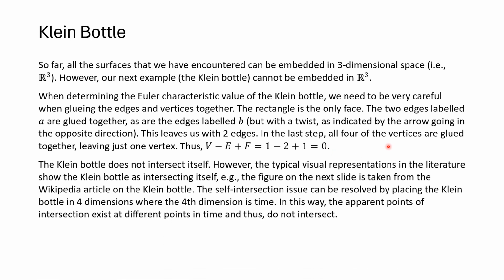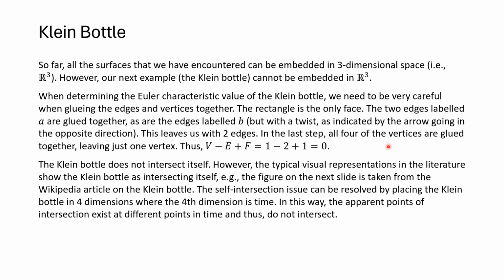The Klein bottle does not intersect itself. However, the typical visual representations in the literature show the Klein bottle intersecting itself. And we'll see that on the figure in the next slide. In fact, there's even physical glass or porcelain models that you'll see, but they're not 100% accurate.